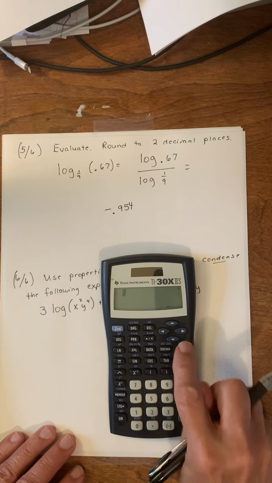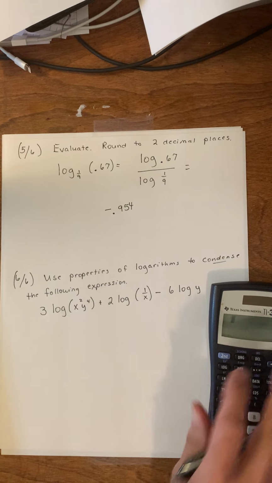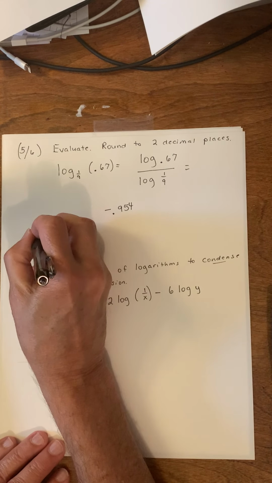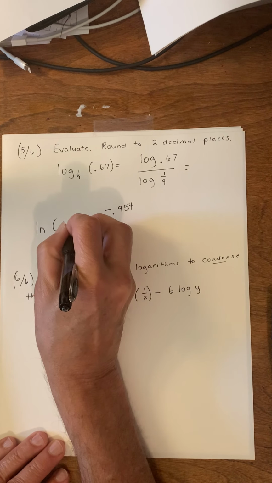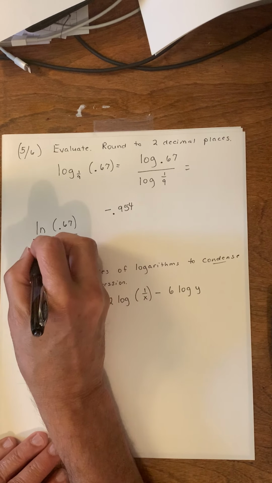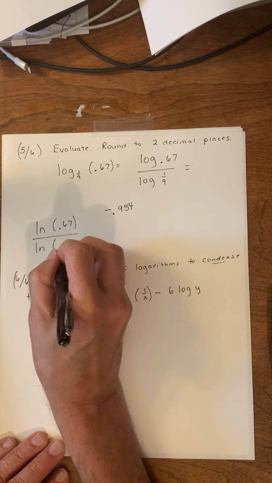So let me do that one more time, just to make sure. Let me do natural log of 0.67 divided by natural log of 1/9.